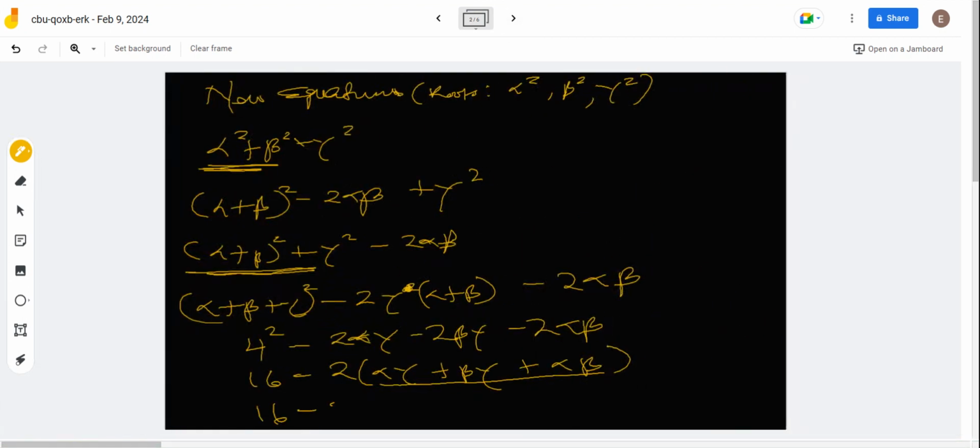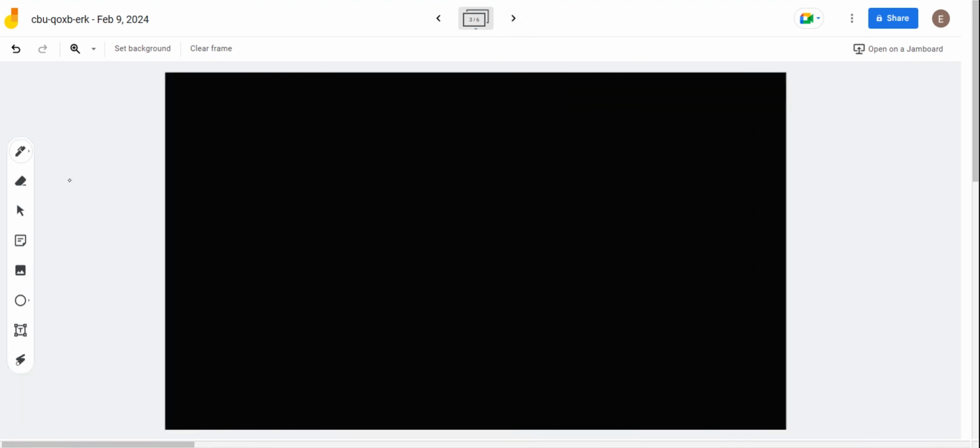We will have 16 minus 2 multiplying negative 5, which translates into 16 plus 10, and that gives us 26. So we have gotten the sum of the new roots as 26. Let's take note of this and go to the sum of the product pairs of the new roots.